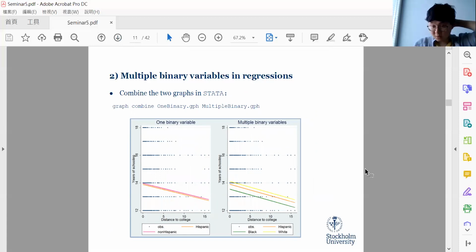So the dummy variable is basically the difference between the means of two subgroups inside your sample. This is the thing that we would like to show you. For one binary variable it's the same: the difference between Hispanic and non-Hispanic is also the value in front of Hispanic.